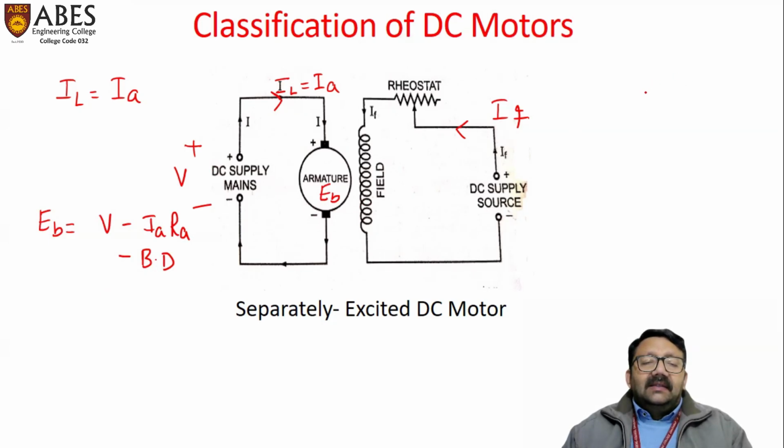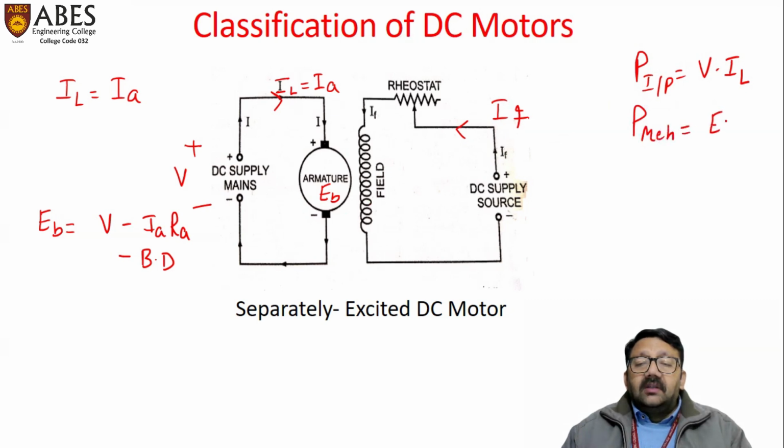We can define power input, or power taken from the source, that is V into I. Similarly, the power developed in the armature, the mechanical power, is equal to EB into IA.